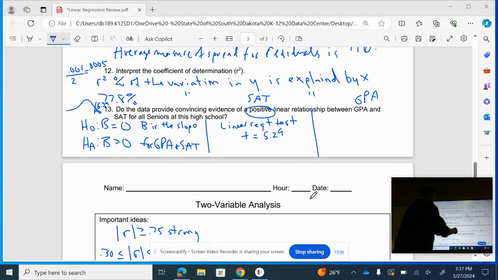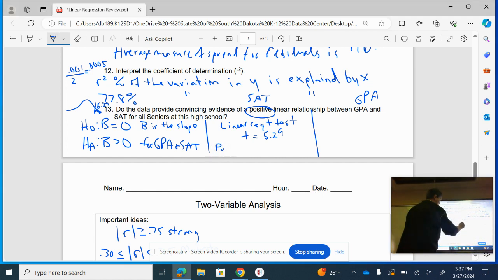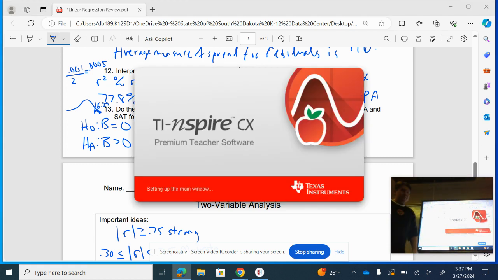You have to do the TCDF. And I don't know if my calculator, there we go, finally.